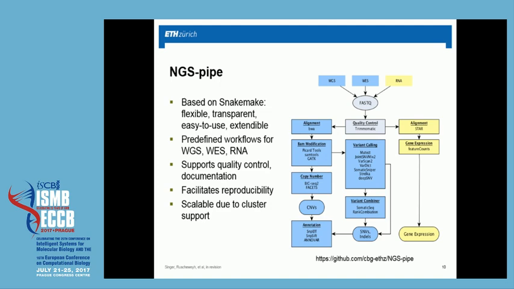You know exactly what you're doing, relatively easy to use. And the idea is, of course, that this allows you to do these analyses in a very reproducible manner. As I said, there are predefined workflows for these three types of data at this point of time. And it facilitates the quality control, the documentation, and it also supports computations in a cluster environment, so you can do large amounts of data in a parallel fashion.